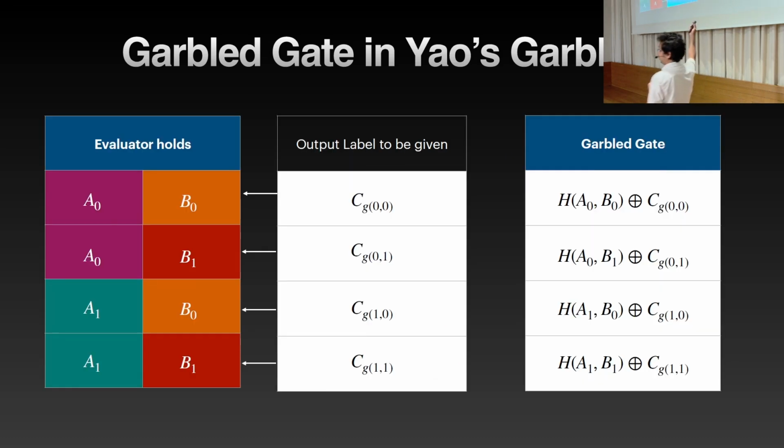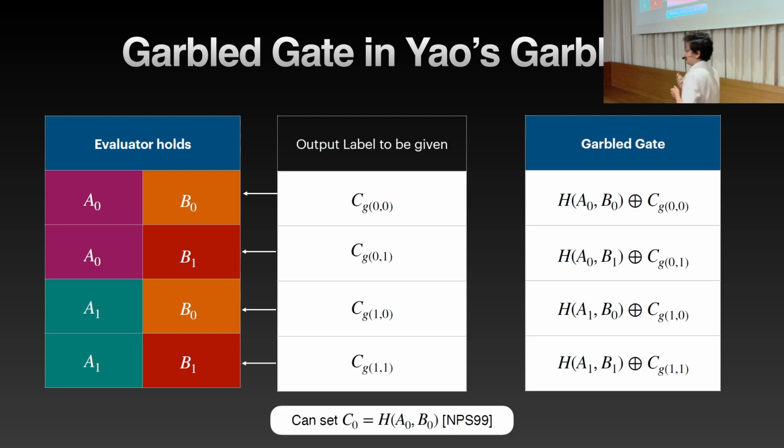You can simply encrypt the output wire labels by using the labels that the evaluator holds as key for each row, and then send the encrypted values to the evaluator. And the evaluator can decrypt just one of them because it holds only one of the 4 possible wire labels.